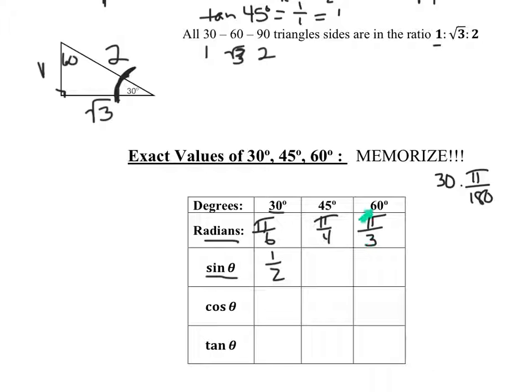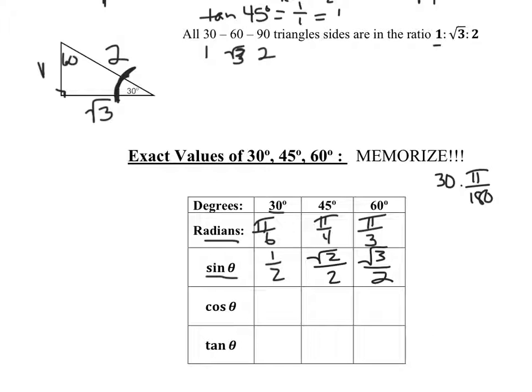For 60 degrees, or pi over 3, the sine is opposite over hypotenuse. Looking at the 60 degrees, this is now the opposite, so it would be radical 3 over 2. We already went over the sine of 45, so I'm just going to throw that in.